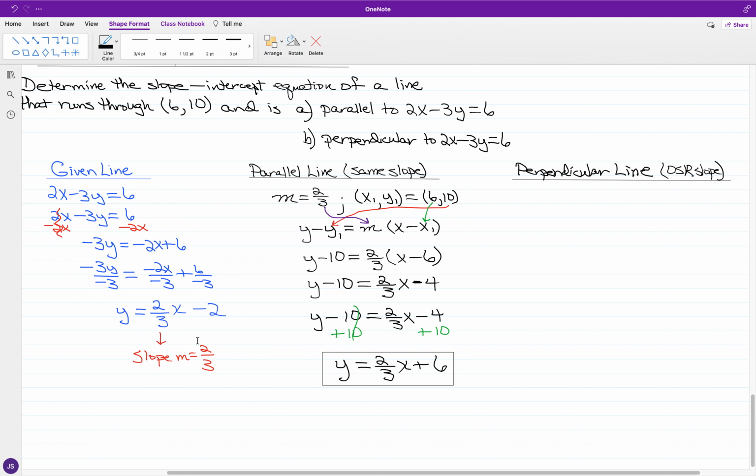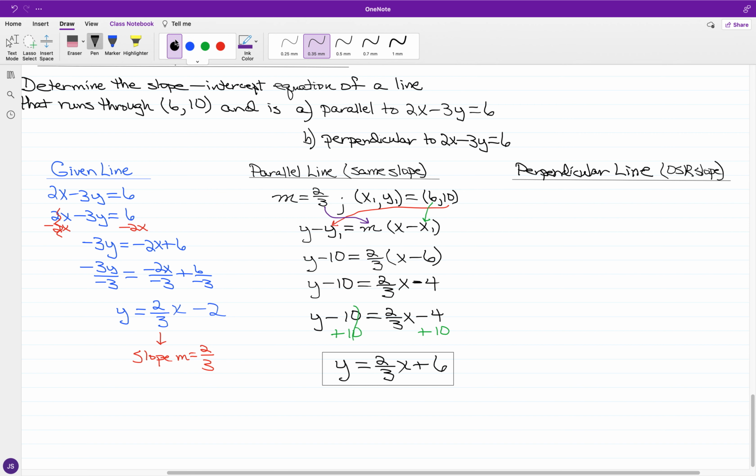So for the given line, the slope is 2/3. If we take the opposite sign reciprocal, for opposite sign we're going from a positive to a negative, and for 2/3, its reciprocal is going to be 3/2. So the perpendicular line is going to have a slope of negative 3/2. Again, the given line has a slope of 2/3, and the perpendicular line has a slope of negative 3/2.